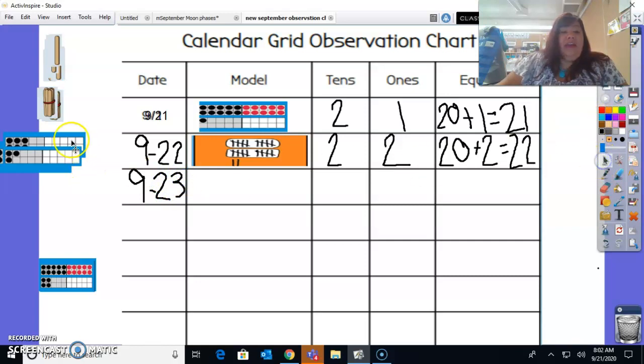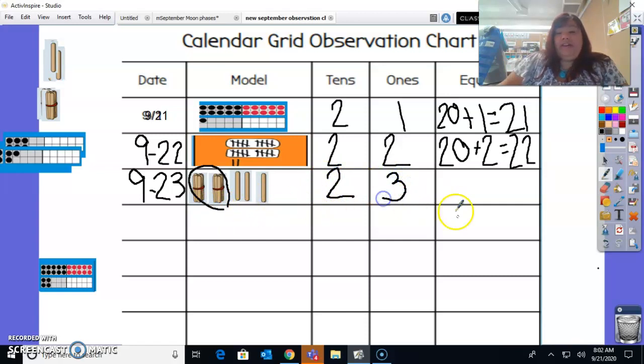Okay, and I have 2 groups of 10, 10, 20, and I have 3 ones. 1, 2, 3. And let's see right there. Here's my group of 10. I'm going to circle it. So I have 2 10s. And how many ones? Yep, 3.